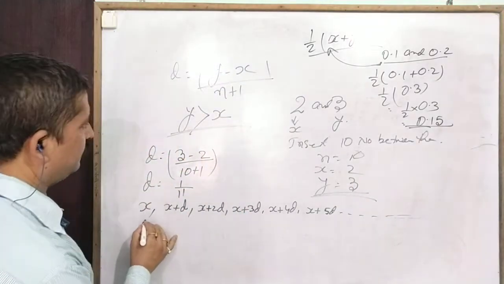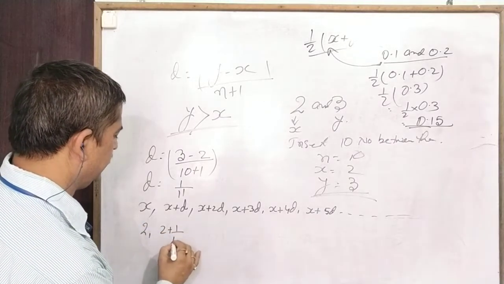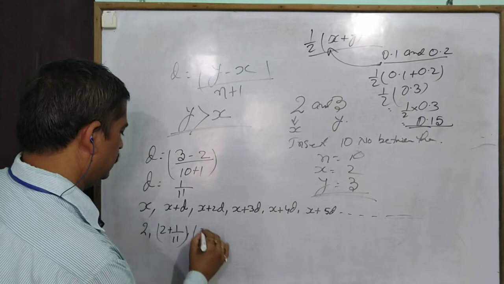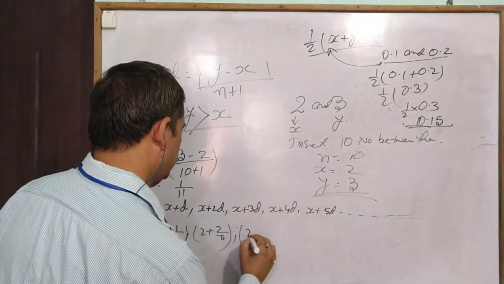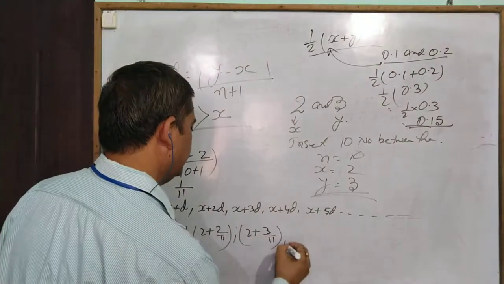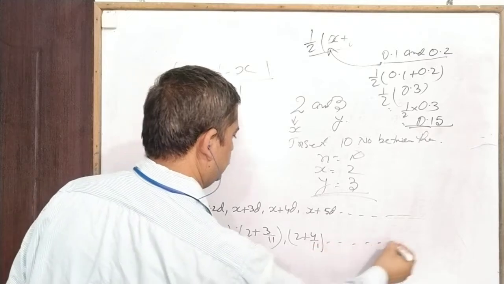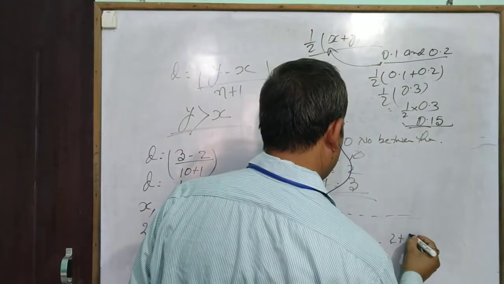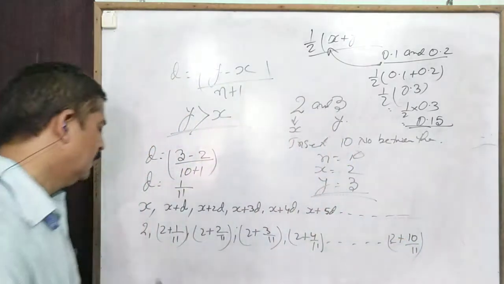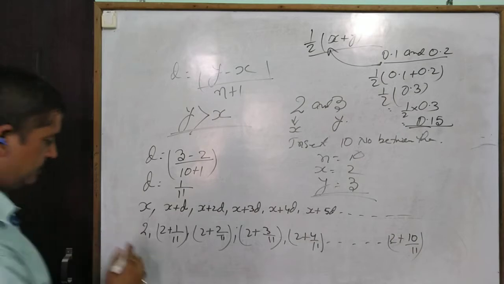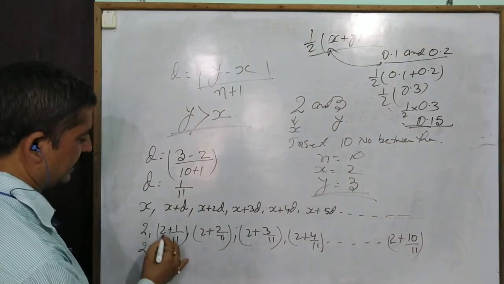Means the first number is 2, then 2 plus 1 by 11, 2 plus 2 by 11, 2 plus 3 by 11, 2 plus 4 by 11, up to 2 plus 10 by 11. Using that, we take the LCM, which is 11.